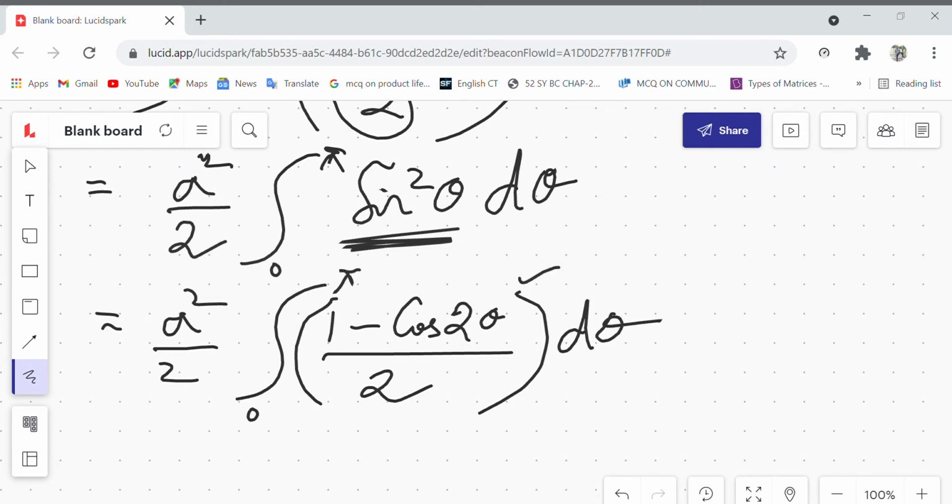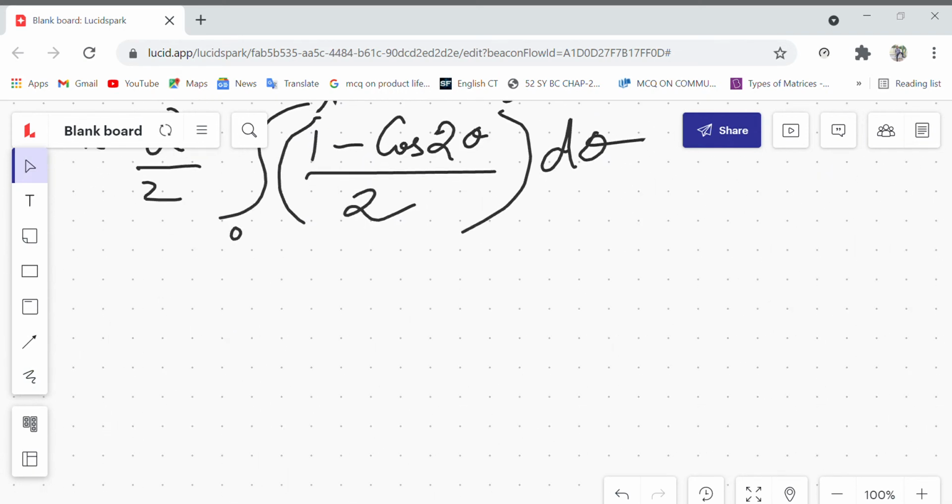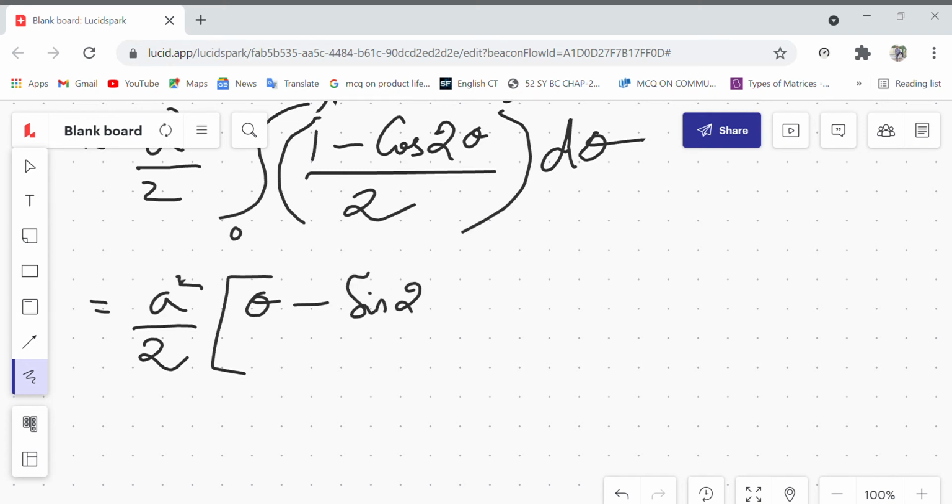This can be solved as equal to a square by 2, then integration is theta minus sine 2 theta divided by 2, limits 0 to pi. Then you have to put the value of pi in place of theta here and here. Let's do that.